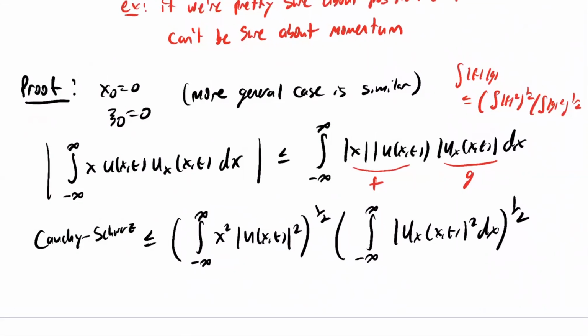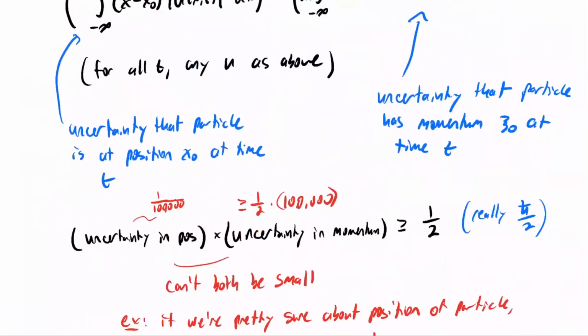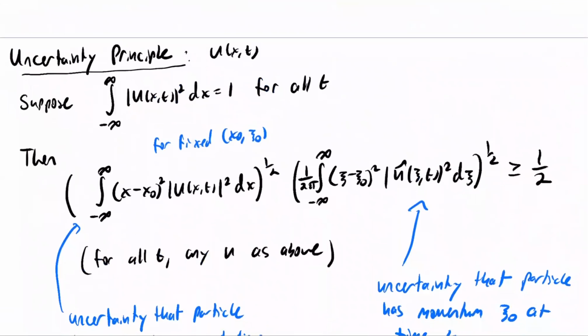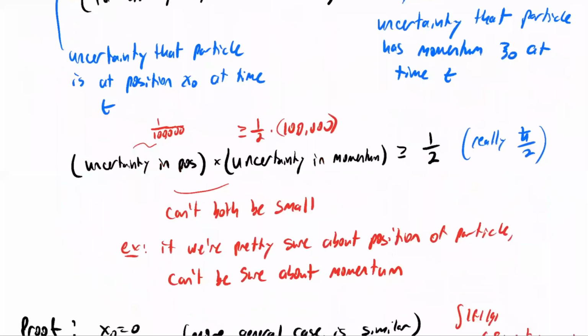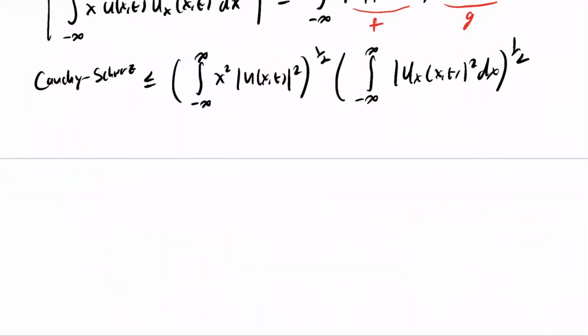Right? And this term here is exactly what we have in our inequality with x0 equal to 0. And then the second term, we're going to be able to convert to this using Plancherel's theorem, right? Notice that if I take the Fourier transform of u_x, this is just equal to i times ξ times u hat.